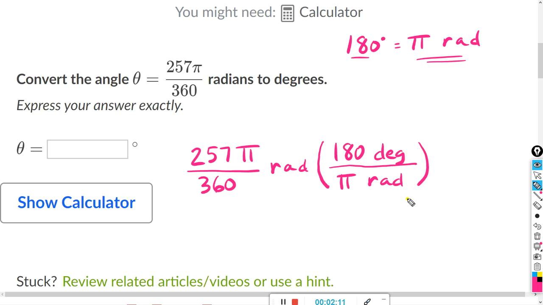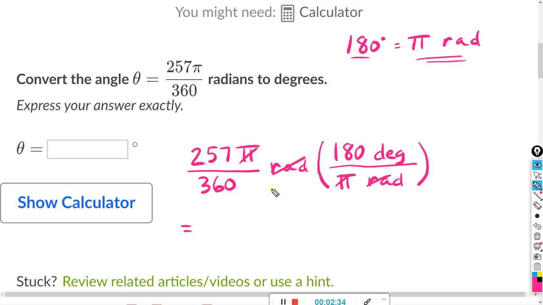Alright, and of course, like we said, we want radians to drop out. So now we can cancel units just like fractions. Alright, so radians divided by radians cancels. And of course, pi divided by pi cancels. And I don't think they make you reduce the fraction on this one.